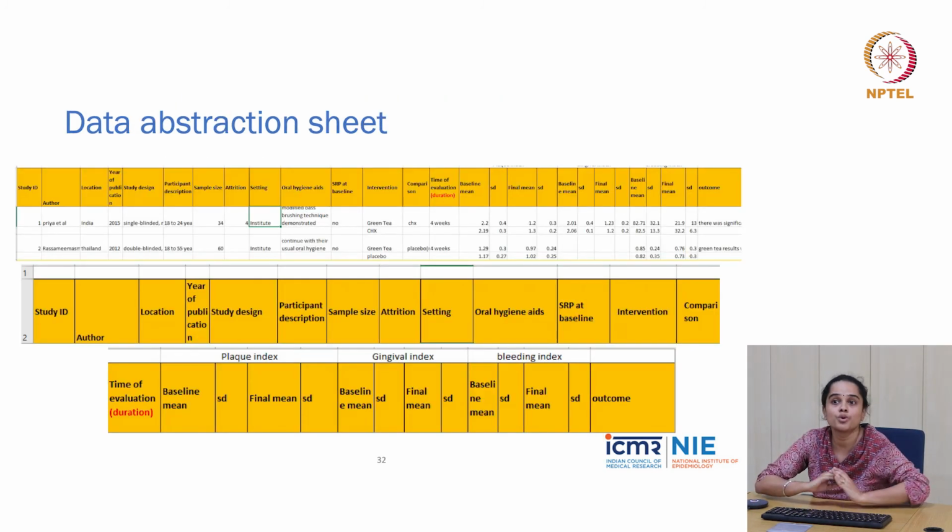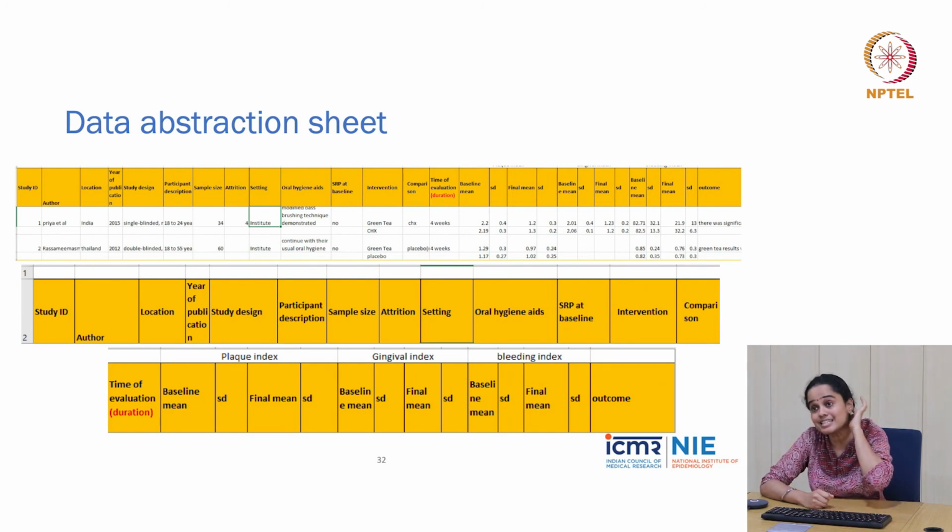Now, I will show you the data abstraction sheet that was used for the study that you have been referring to since morning, on green tea mouthwash and plaque index and gingivitis index. The first screenshot is each row is a study, and I have expanded the columns for better visibility.